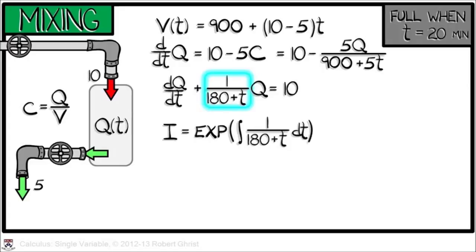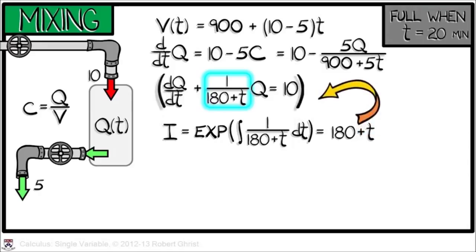That means our integrating factor is e to the integral of dt over (180 plus t). Of course, that integral is simply the log of (180 plus t), and when we exponentiate that, we obtain simply 180 plus t.